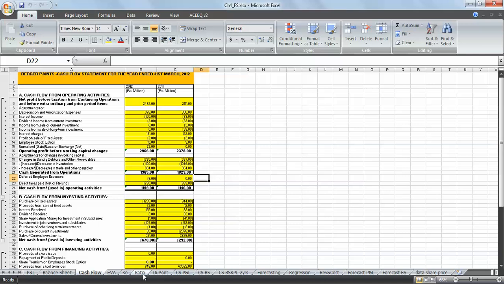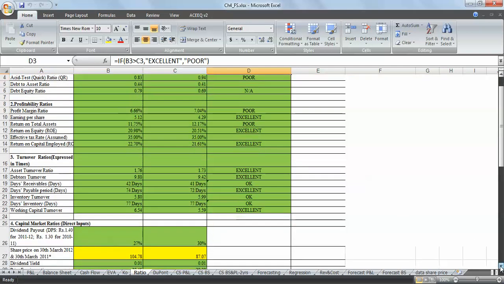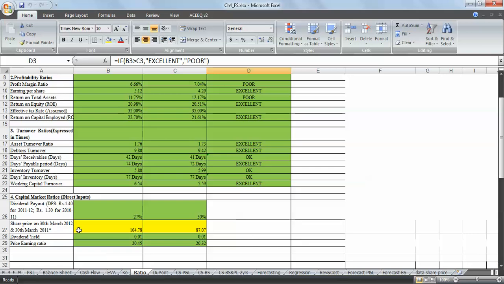The important ratios are given in this tab. Now you see, we started here first with the liquidity and solvency ratios, under which we covered the current ratio, acid test ratio, debt to asset ratio, debt equity ratio, etc. And secondly, the profitability ratios, the turnover ratios, the capital market ratios, up to price earning ratio we calculated here.